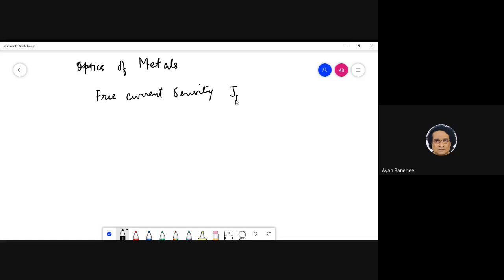This is the J free current, which is given by sigma E ext, and this is pretty big. Okay, so you know that this is the free current, and the bound charges, the bound electrons, the effect of them, that is given by what? Which gives you this, right?